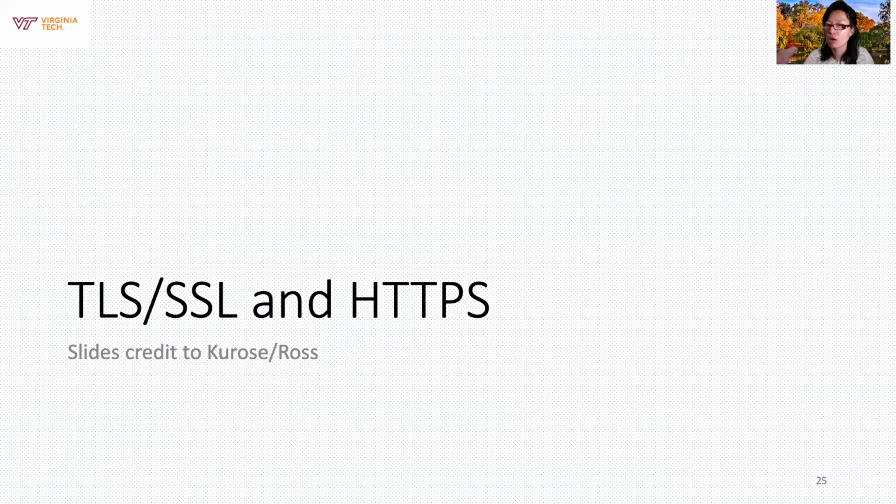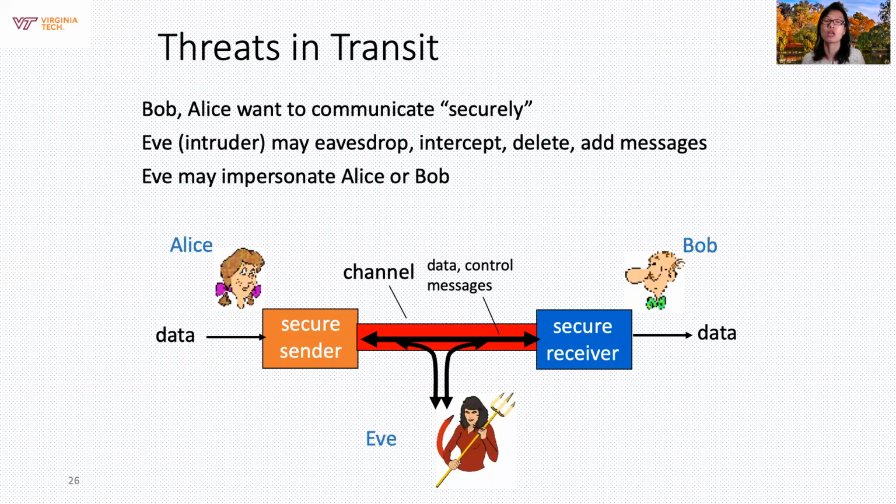But TLS is the most important component in modern day cybersecurity. So make sure that you understand why it's necessary, how it works, and why anything else would not work. And this is all related to network transmission security.